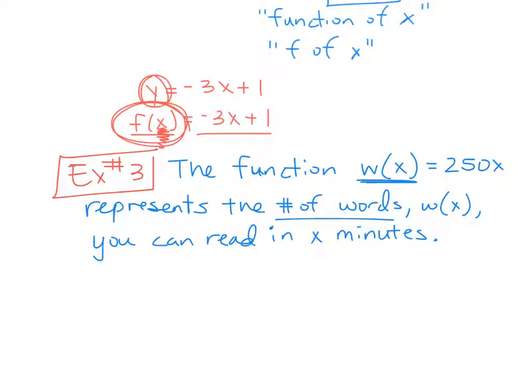Okay. So they give you a function. W of x is the number of words, right? W, words. X is the number of minutes for reading those words. So you get w of x equals 250x is your function. I'm just rewriting this. You don't need to necessarily rewrite this right now. But this is the function they give you, okay? W of x equals 250x.